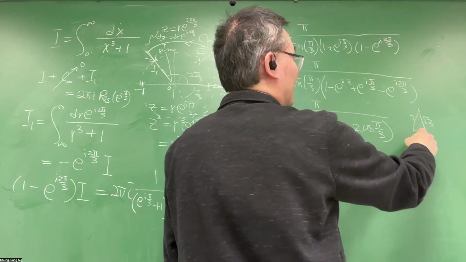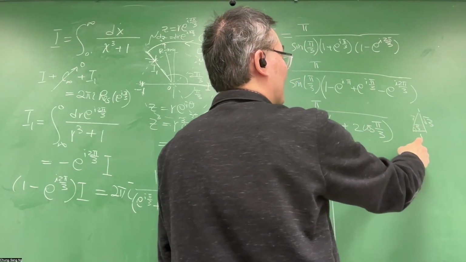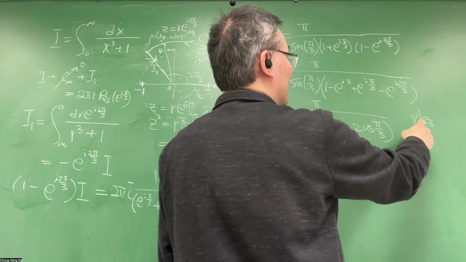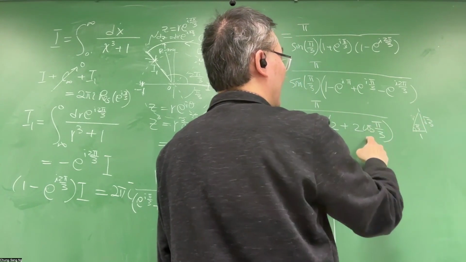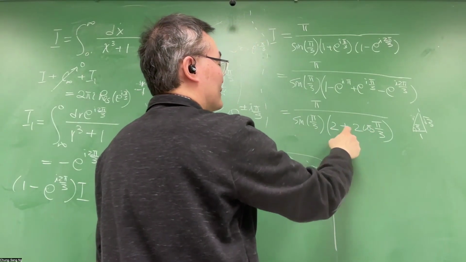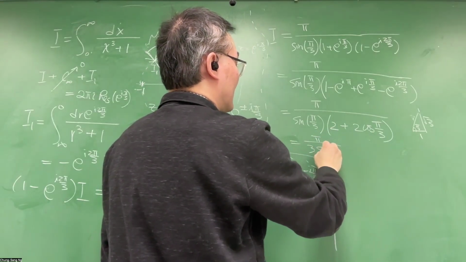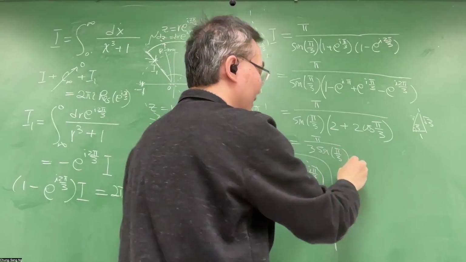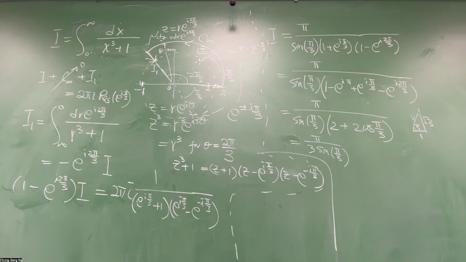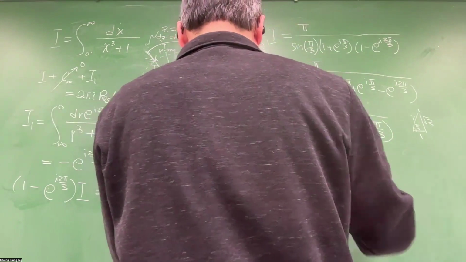So this is pi over 3, right? So cosine pi over 3 is 1/2, right? 1/2. So this is 1/2 pi times 1 plus 3. So pi over 3. Is it? Yeah.